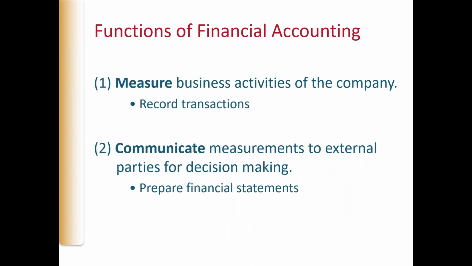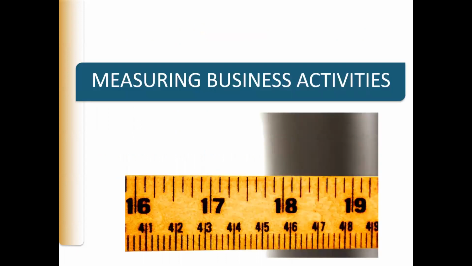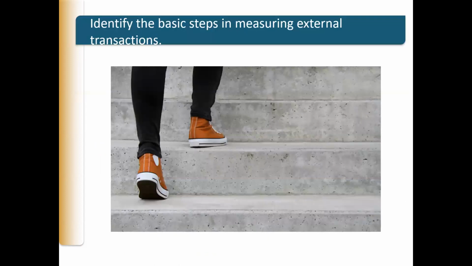Once all those transactions are recorded, they are put together into financial statements that communicate those various measurements to external parties. We communicate it by preparing financial statements. So how do we measure transactions?